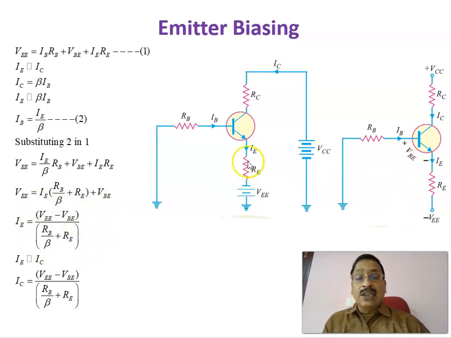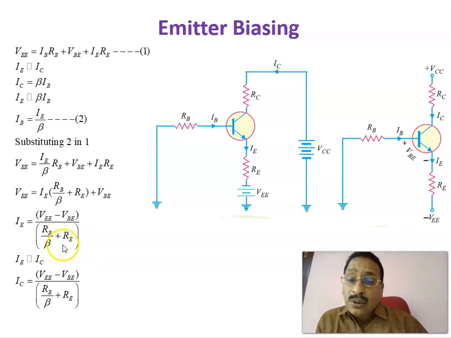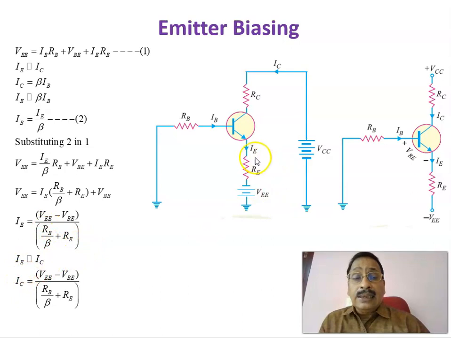In this emitter biasing circuit, the emitter current is given by the voltage VEE minus base to emitter voltage VBE, divided by RB divided by beta plus RE. IE is approximately equal to collector current.